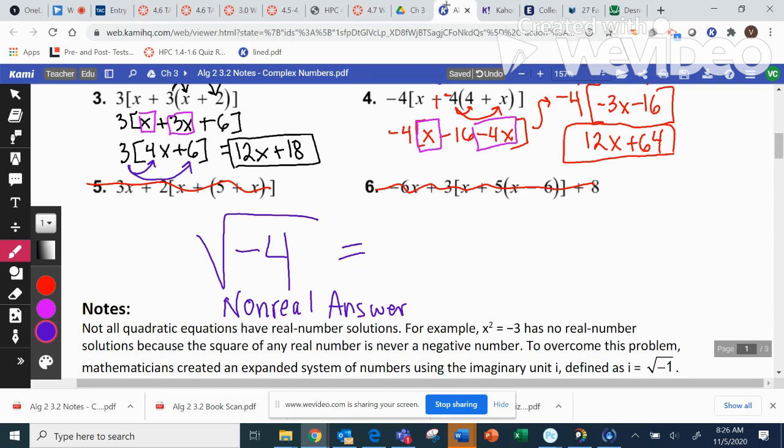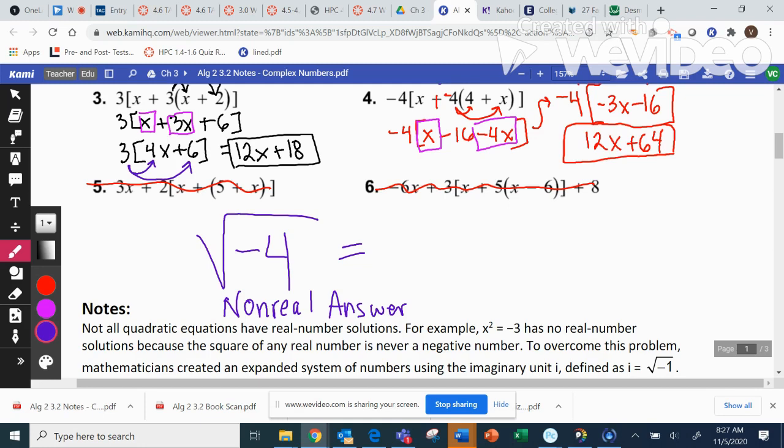But there are real jobs that square roots of negative numbers are dependent on. Did you know that to make electricity come through that plug on the wall, we have to use square roots of negative numbers? Because we have to use that to make electricity work, they made something up.